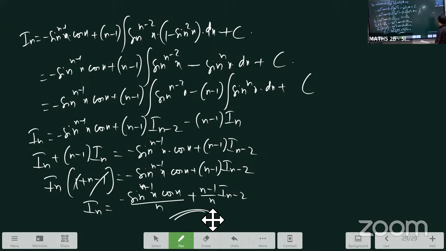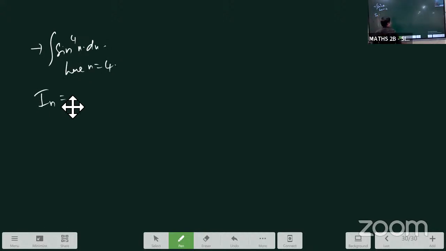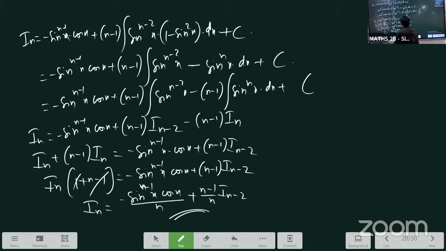Now, one problem has been attached to it. What is that problem? It was integration of sin to the power 4 x dx. So your n is equal to 4. What was your In? Just now we derived the formula, no?